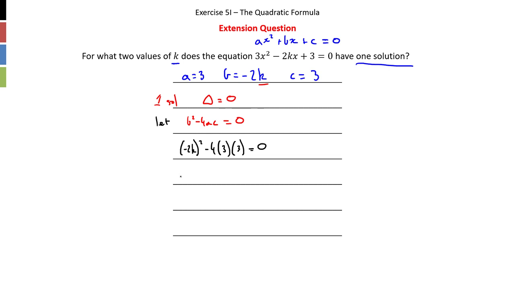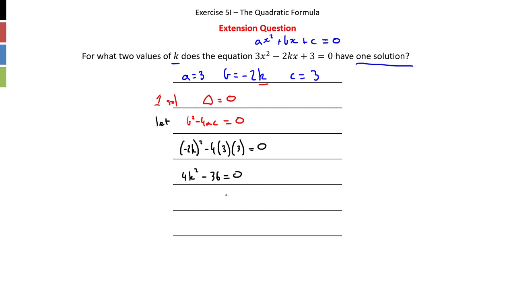So we square this out, we get 4k squared minus 12 by 3, 36 equals 0. Okay.